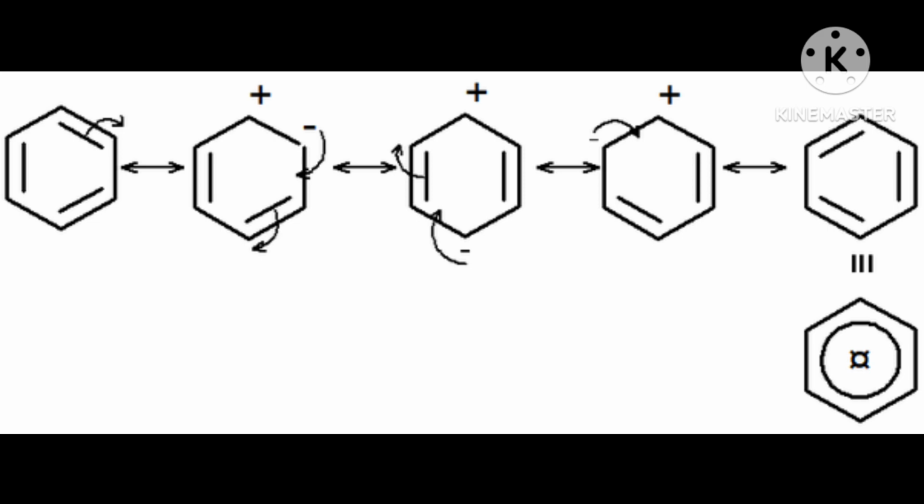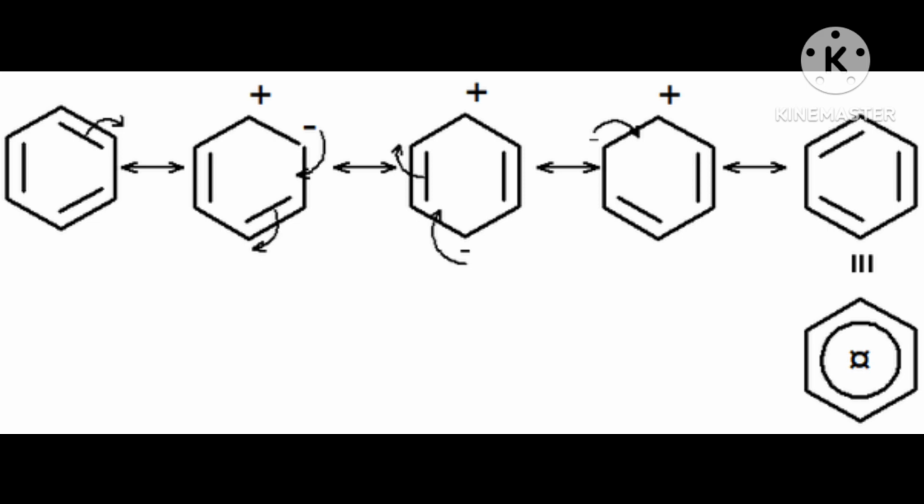Aromaticity has three characteristics, three conditions. If these three conditions are present in any ring, then it will show aromatic character. What are those three conditions?